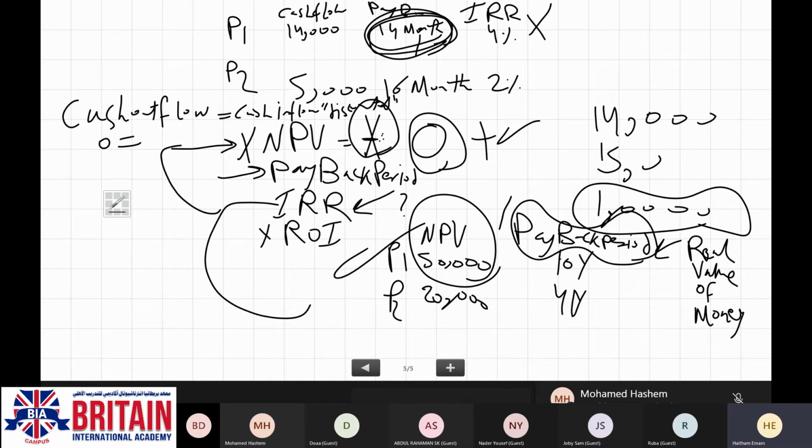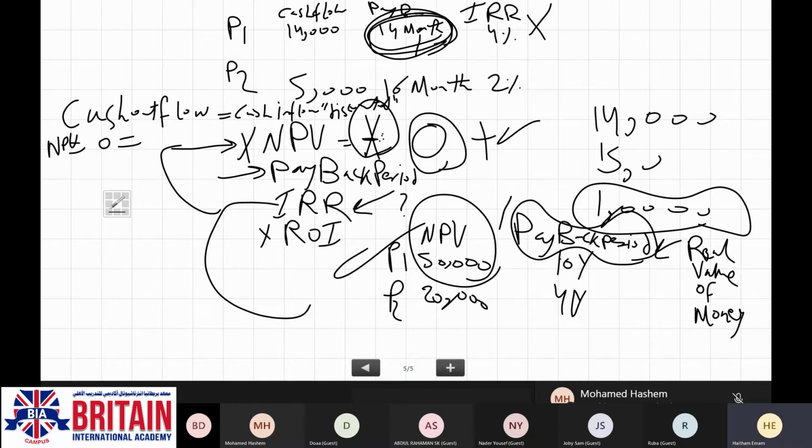So the internal rate of return is that discount rate or that interest which is going to make the cash inflow equal the cash outflow, which will make NBV equal 0. If you go back to the recording, we have spent a lot of time describing this part.